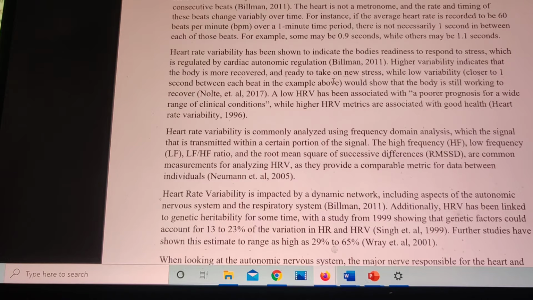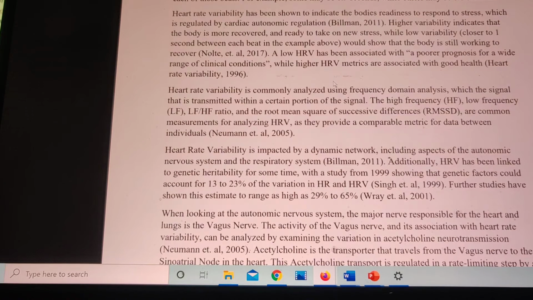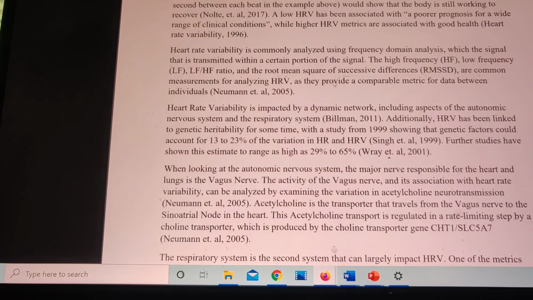And this is largely related to the cardiac autonomic regulation, or the body's readiness and response to stress. A higher variability indicates that the body is ready to take on stress, while a lower variability would show that the body is still working to recover, essentially. A low HRV has been associated with a poor health diagnosis across a variety of studies.